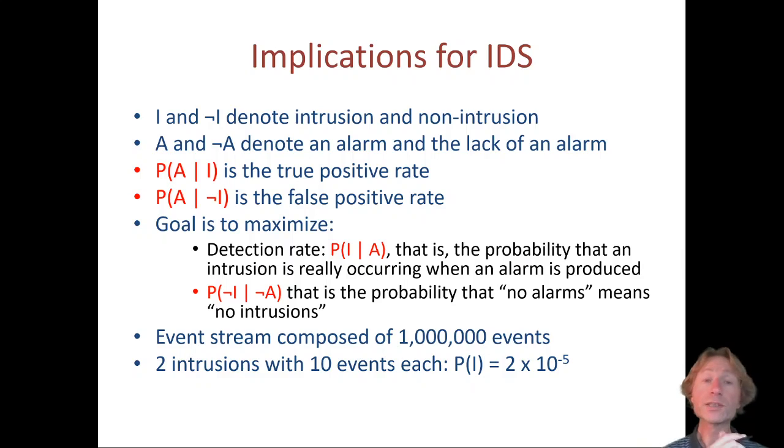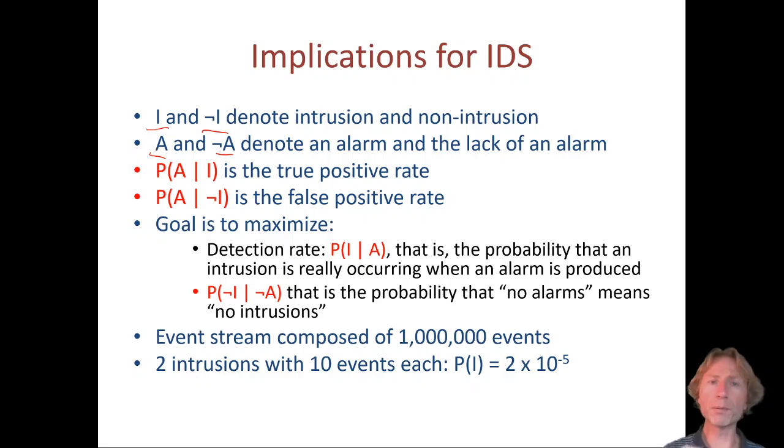First, let's do the same exercise, but now without being sick and healthy, rather an intrusion or no intrusion. So I and not I denote intrusion and not intrusion, and A and not A denote an alert. Your IDS generates an alert or no alert.